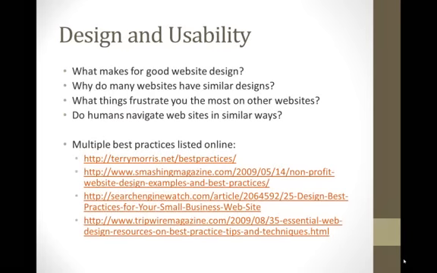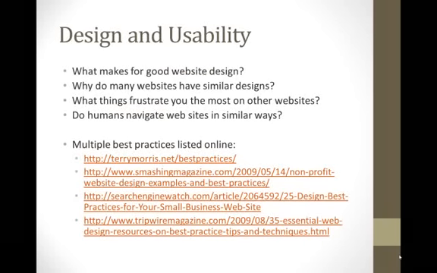Now, if you get on the web and you type in design best practices for websites or something to that effect, you're going to get tons and tons of examples out there. And so here's just 4 links that I found. So click on them, read through them. You can even pause this lecture for a second and take a look and see what is similar about these.